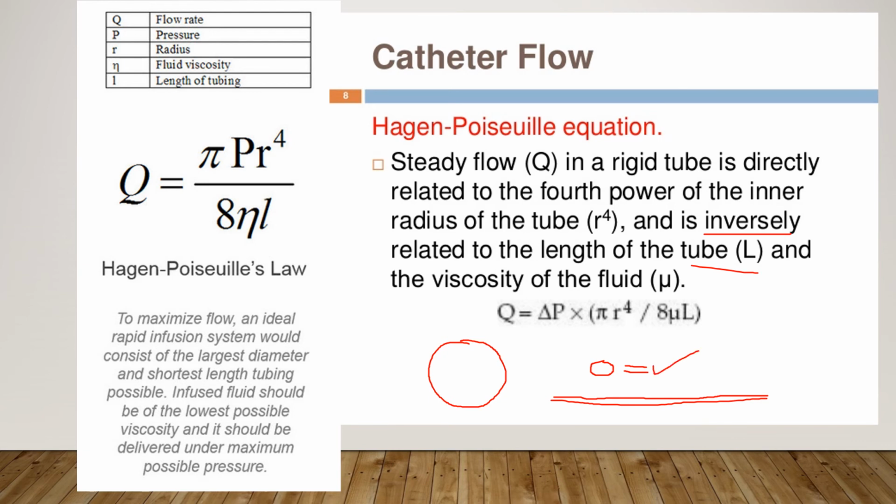The longer the length, the less is the flow, because the flow is inversely related to the length of the tube. So to maximize flow, in an ideal infusion system, we should have the largest diameter and shortest possible length, so that we can infuse fluids very fast, and also the viscosity should be low.